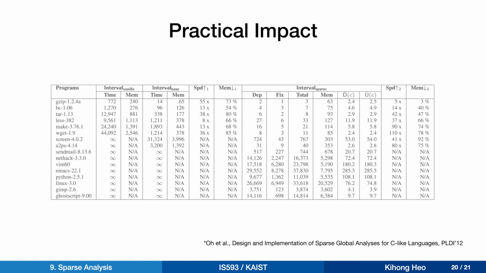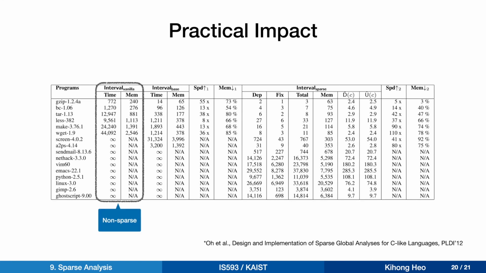This table shows the result. The non-sparse version takes a really long time and does not scale beyond 35 kilolines of code. It's really unscalable.